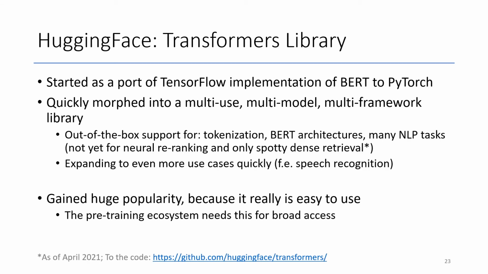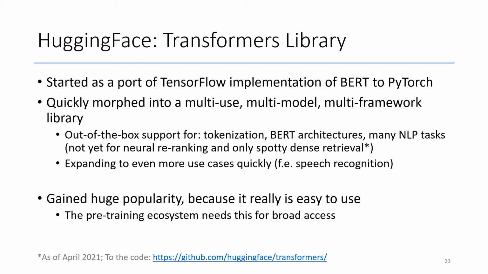And one of these solutions is the HuggingFace Transformers library, which started as a port of the TensorFlow implementation of BERT to PyTorch, but now it quickly morphed into this multi-use, multi-model, multi-framework library centered around transformers. It provides awesome out-of-the-box support for tokenization, a lot of different BERT architectures, many NLP tasks.